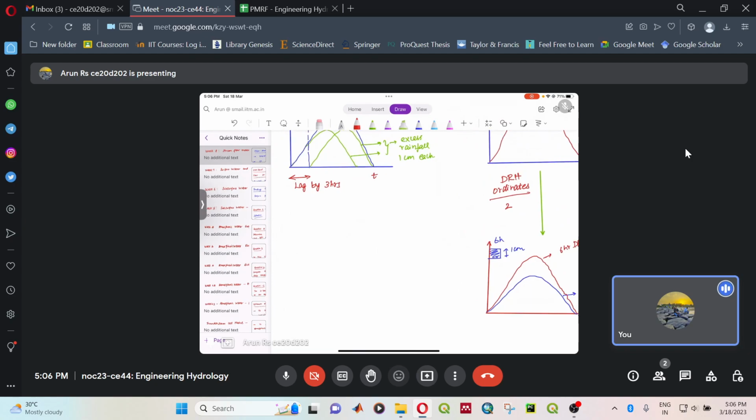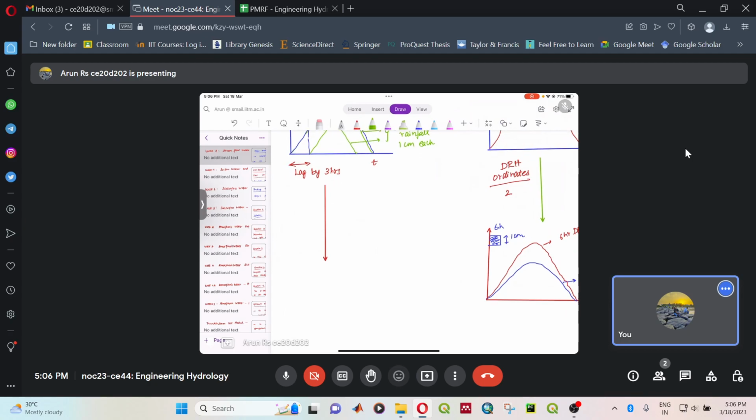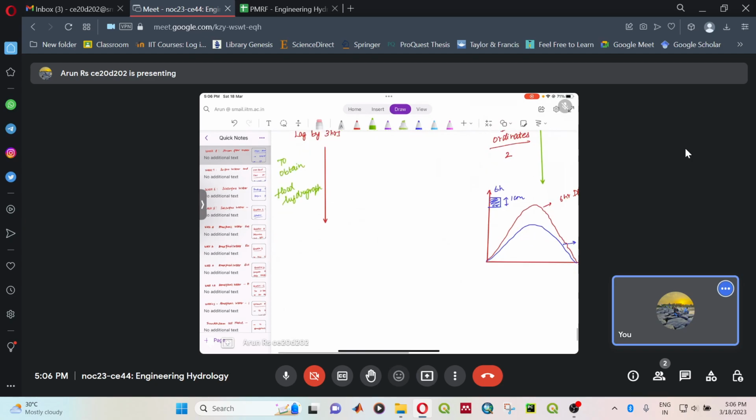Now we need to obtain a flood hydrograph with rainfall excess 7 centimeters.